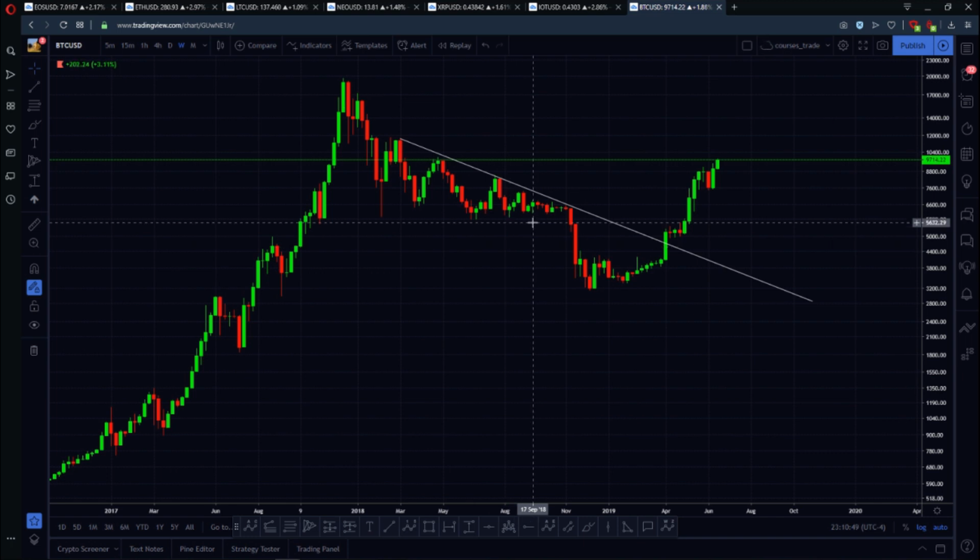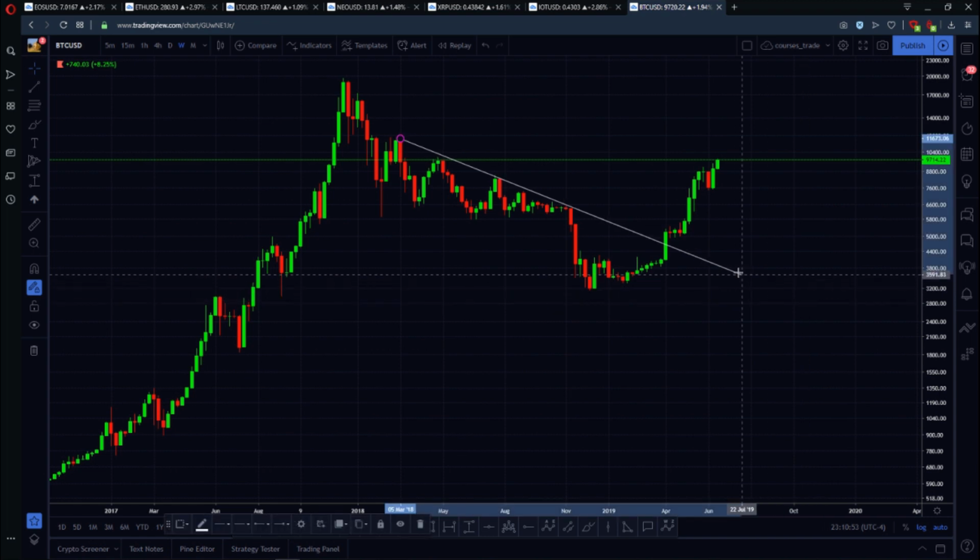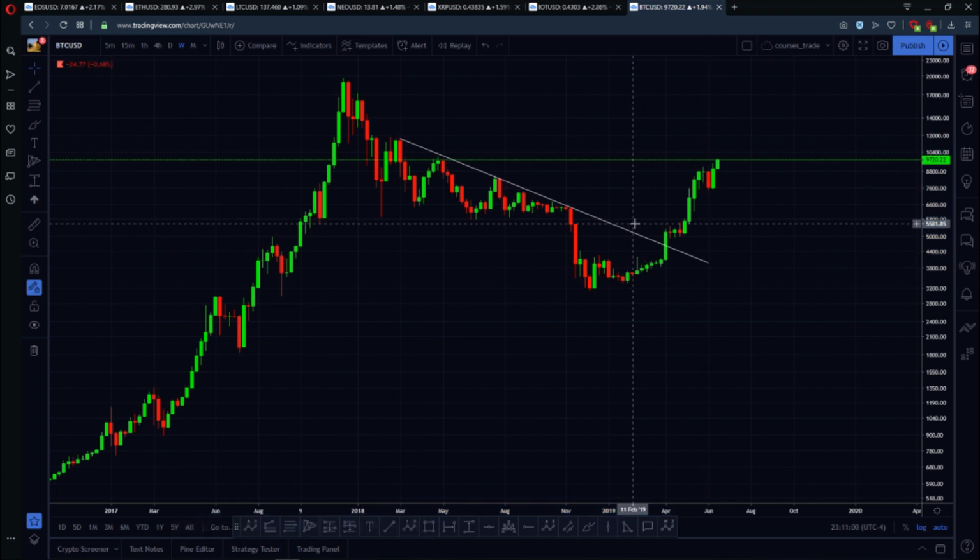Now, a trend line like this is extremely powerful in the market. And remember the difference between trend lines and statics, support and resistance. Trend lines can be considered as dynamic support and resistance, and because of that, you can use it as a way to enter a trade.